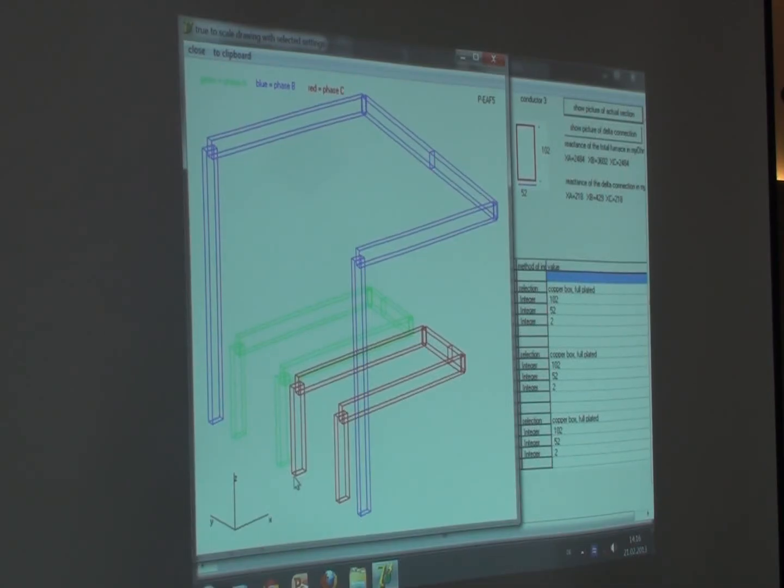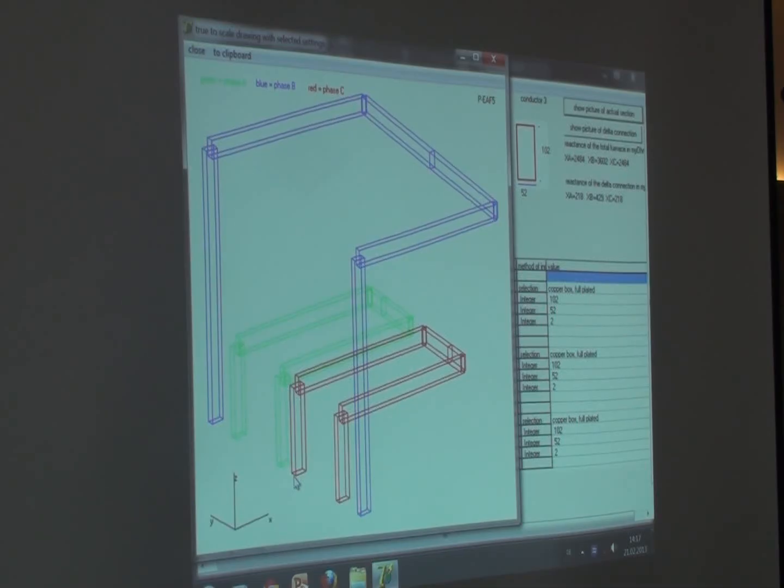Then I0 is smaller, but if you have static VAR control on this furnace bus, there's no impedance at this point.